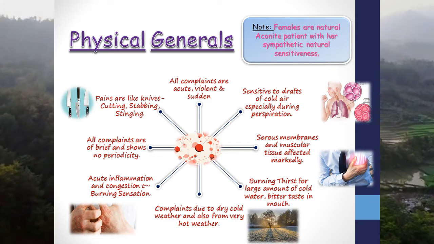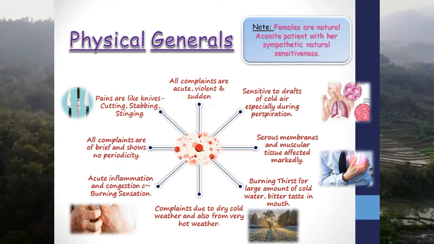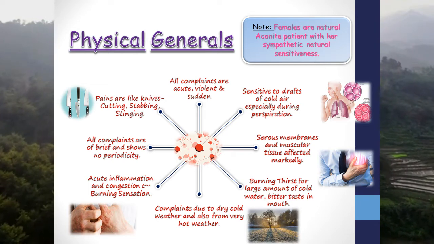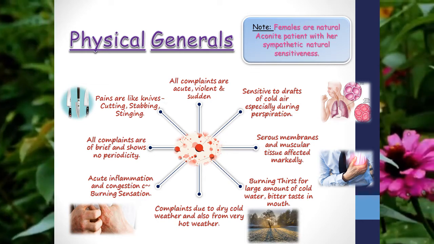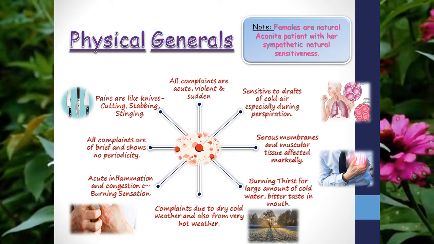The complaints are due to dry cold weather, and also from very hot weather. So you say dry cold weather and hot weather, the weather of June and July, basically June, the summer peak, and the weather of the coming of the winters, just like at present, October, November. Acute inflammation, congestion with a burning sensation, all complaints are brief and so there is no periodicity.